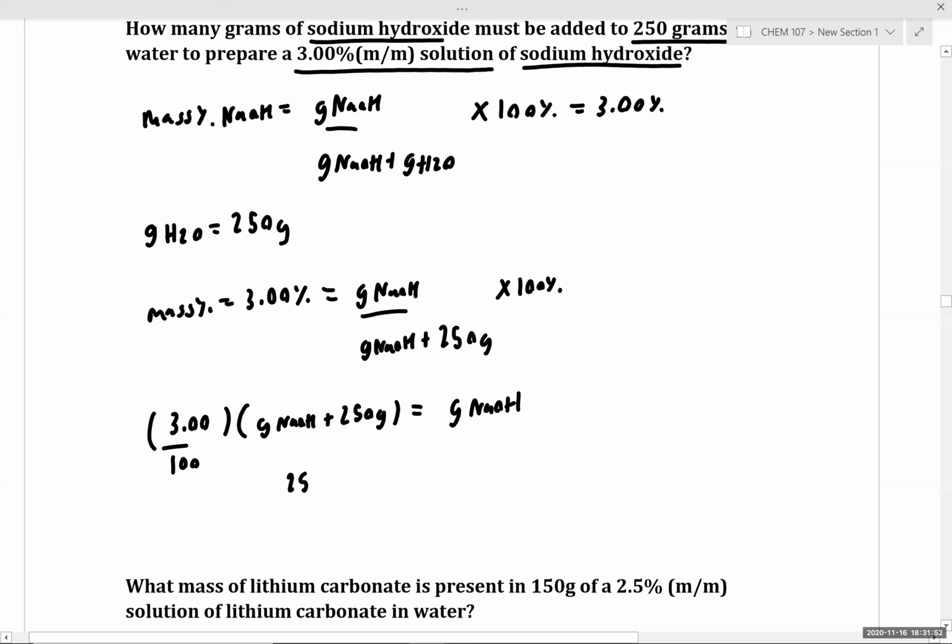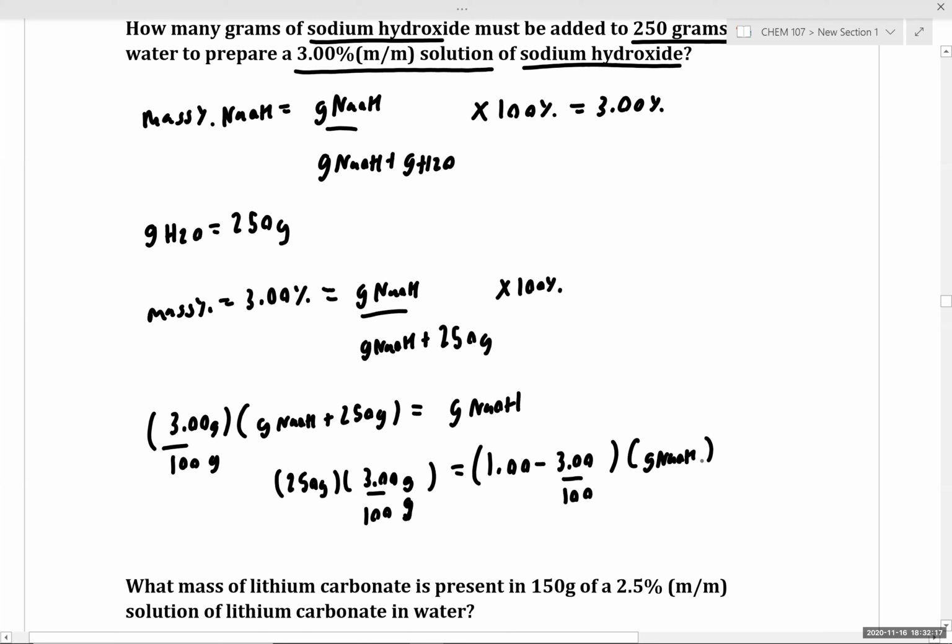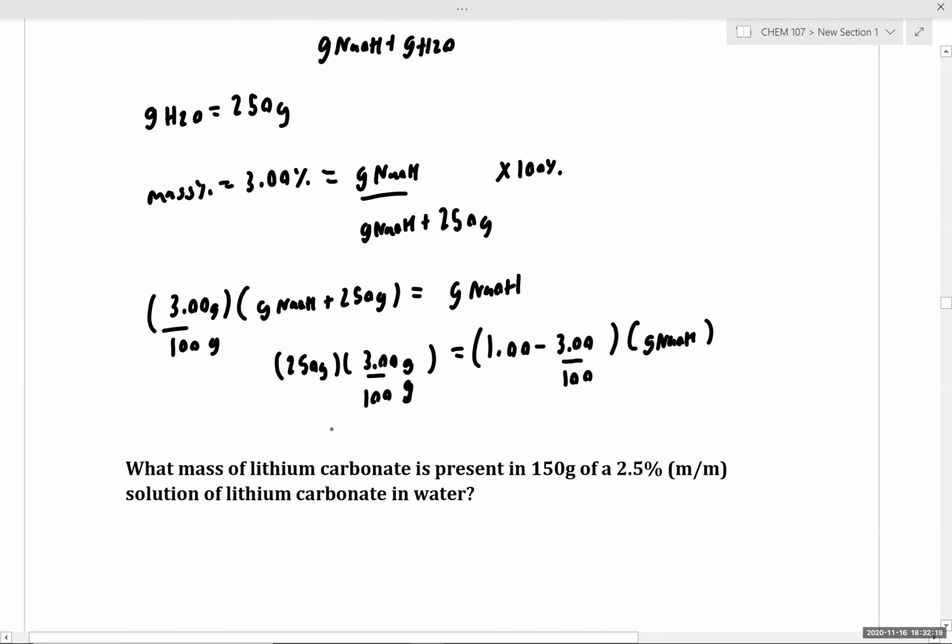Ergo, 250 grams times 3.00 over 100 is equal to 1.00 minus 3.00 over 100 times the grams of sodium hydroxide. Finishing off this expression, our grams of sodium hydroxide are equal to 250 grams.